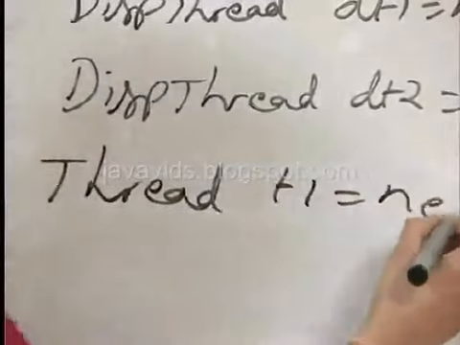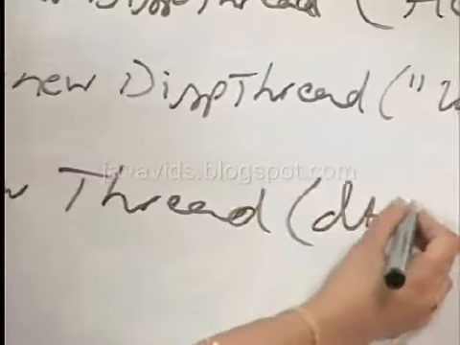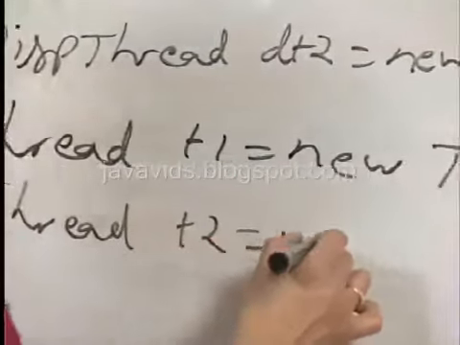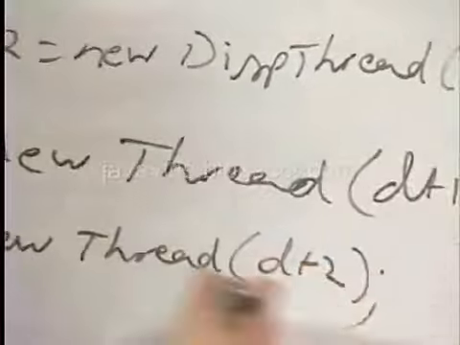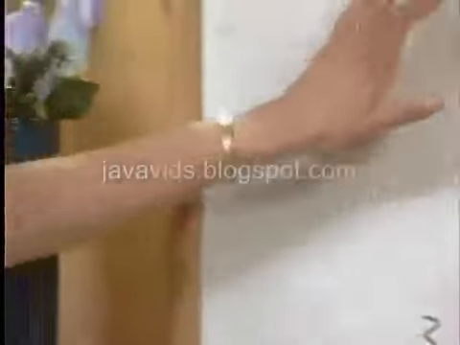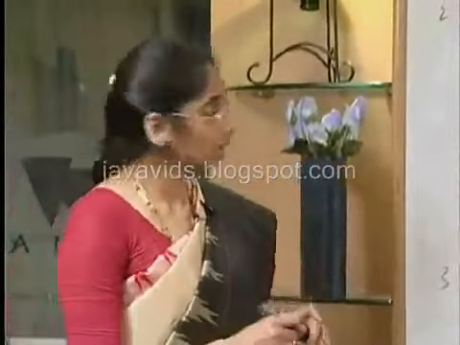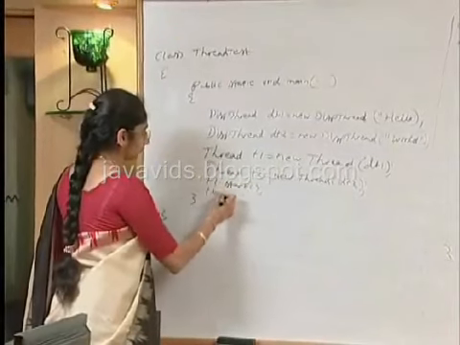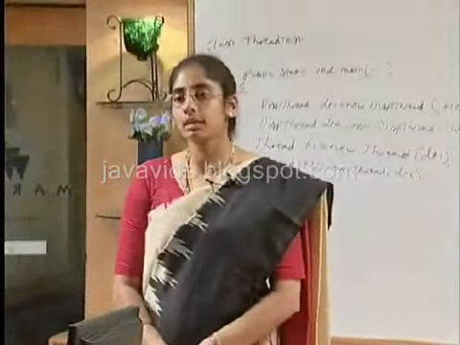Thread t1 is equal to new Thread, pass the runnable object to it, dt1, and dt2, two different runnable objects, because we want to have two different messages for each of the threads. Call the start on the thread. This is the second methodology to execute the same program.